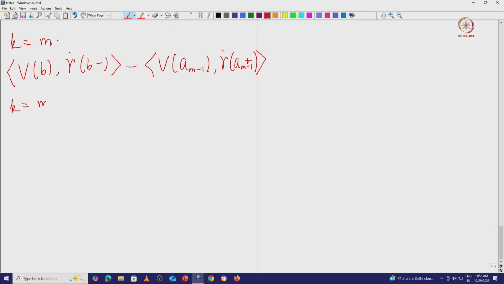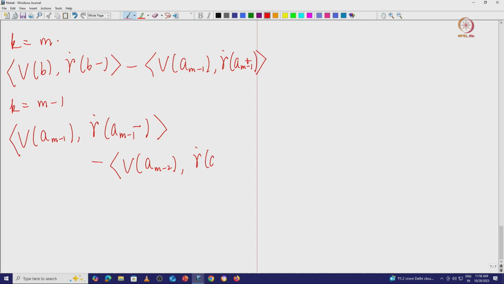Okay, now when k is m minus 1, you get v of am minus 1 gamma dot of am minus 1 but now from the left, right, minus v of am minus 2 gamma dot of am minus 2 from the right.